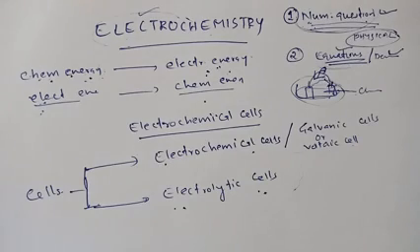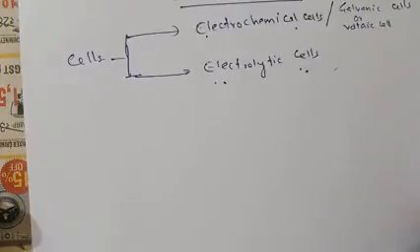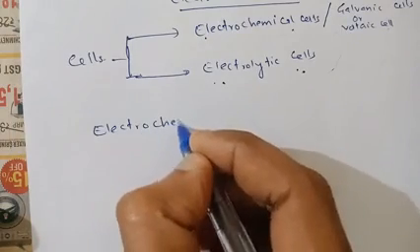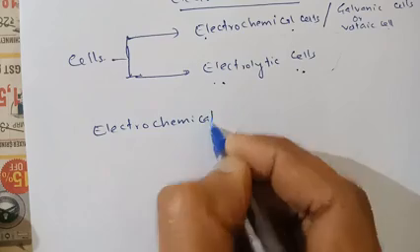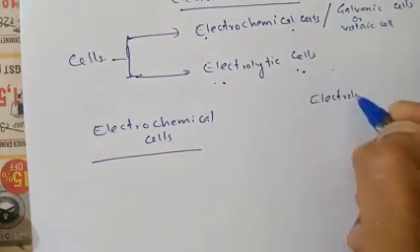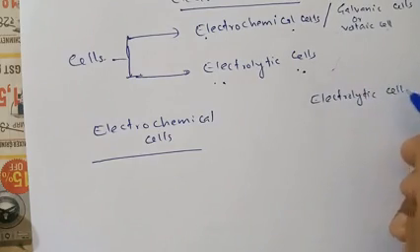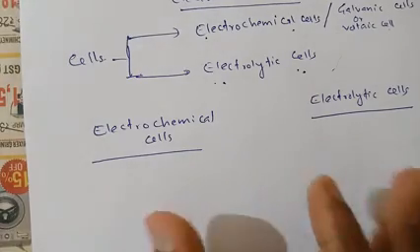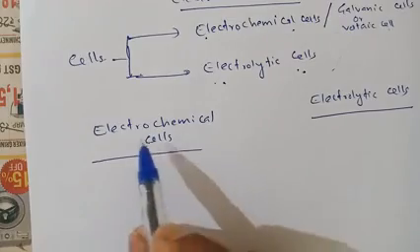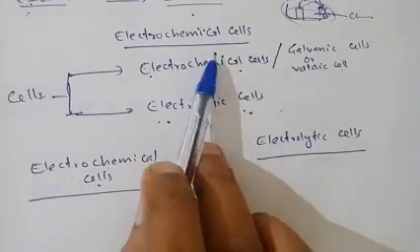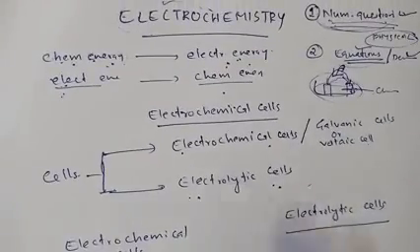Clear? So we can directly move into the sections. First one is electrochemical cells. Similarly, electrolytic cells. Two sections are there. Before entering the differences between electrochemical cell and electrolytic cell, you should know what is meant by electrochemical cells.